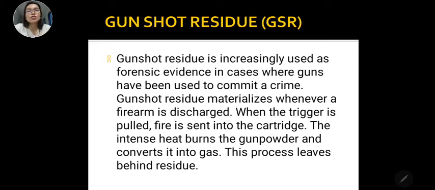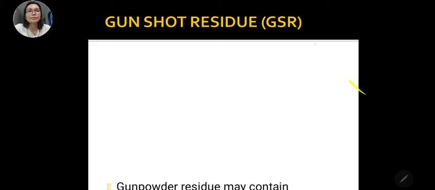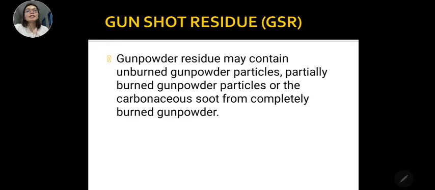Ano ba yung mga residue na sinasabi natin? These contain unburned gunpowder particles, which are partially burned gunpowder, and the carbonaceous soot from completely burned gunpowder. So, ito yung mga hindi na-burn kapag nagkaroon ng firing yung isang firearm. Hindi naman lahat 100% nako-convert or nahi-heat up.